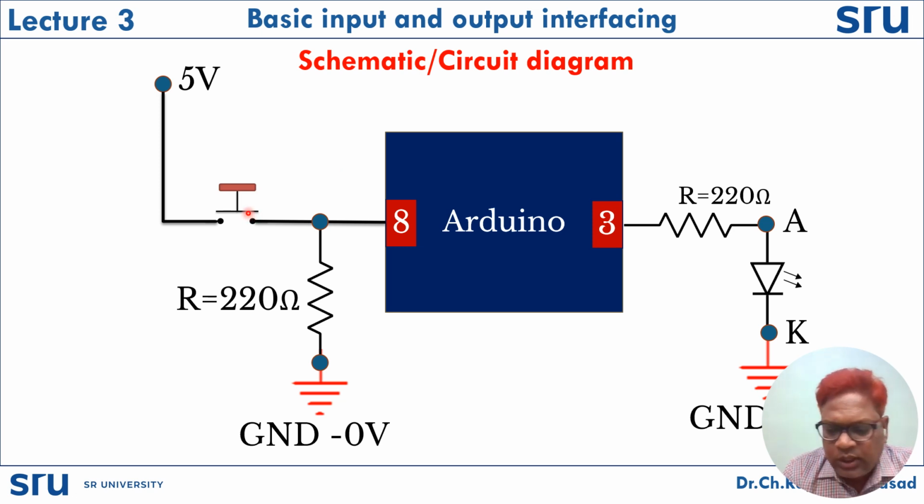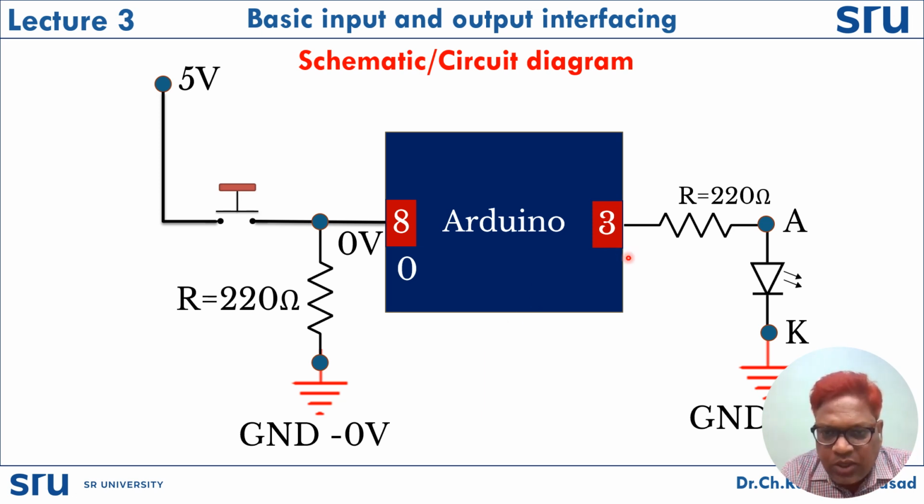Now let us consider how it will operate. Here this switch is open. When this switch is open, this ground signal is connected to the 8th pin. That means it is having 0 volts. When the 8th pin receives 0 volts, the Arduino UNO internally receives a binary number, that is 0. Once this binary number 0 is received, that means when the switch is open, we need to turn off our LED.